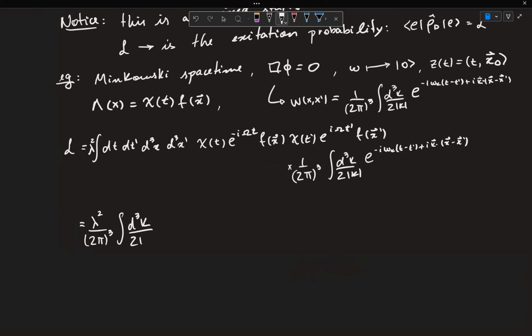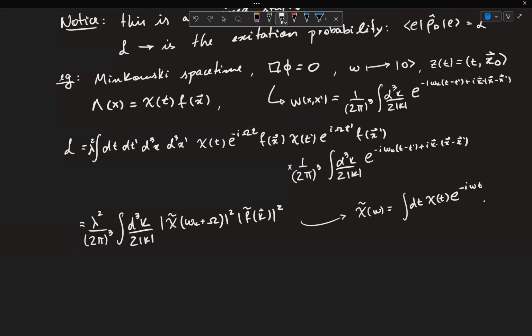A chi tilde of omega_k plus omega squared, and an f tilde of k squared. Where this tilde is basically the Fourier transform. So what we're using here is that the chi tilde of omega is basically the integral dt of chi of t e to the minus I omega t, right?